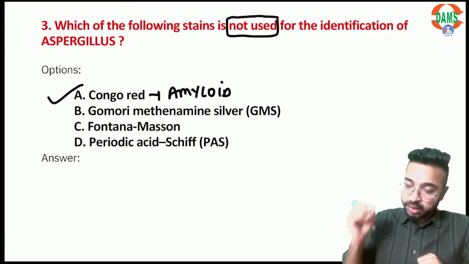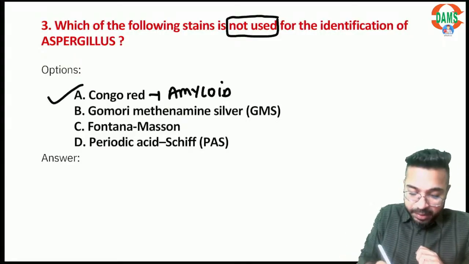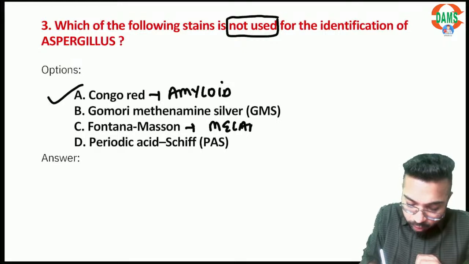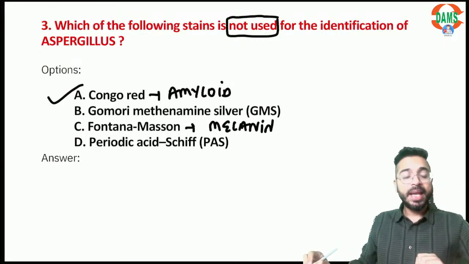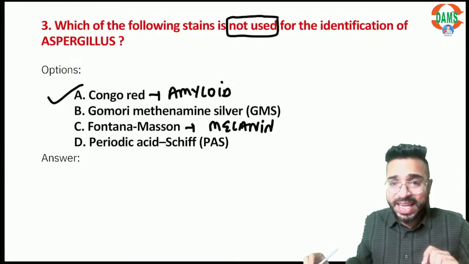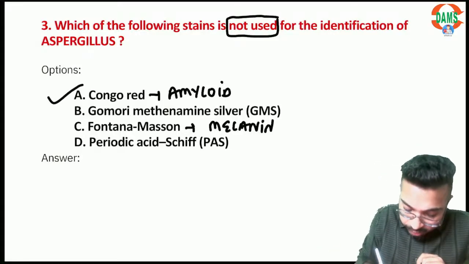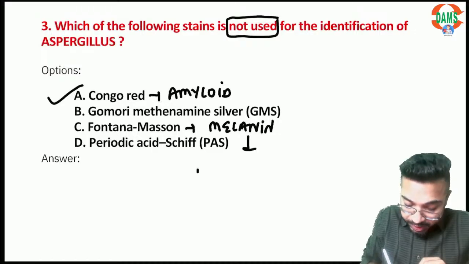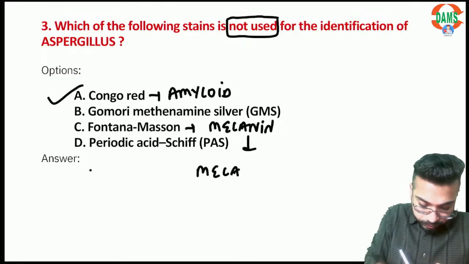And in this question, where students got trapped was the Masson-Fontana stain, because we were taught that Masson-Fontana is used for melanin. But why is it used for fungal infection? Yes, it is used for fungal infection because there are certain fungi which contain melanin in their cell wall.